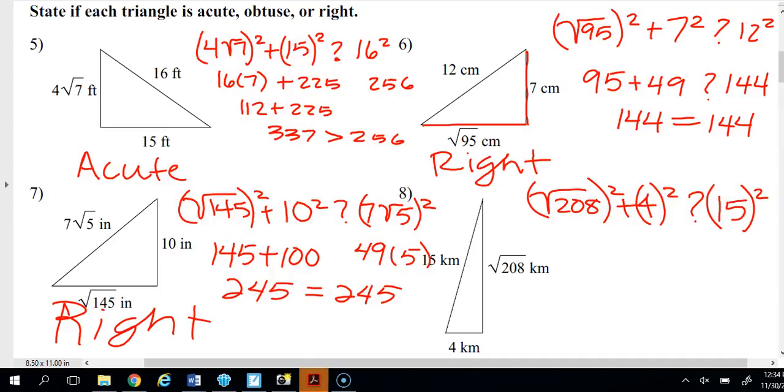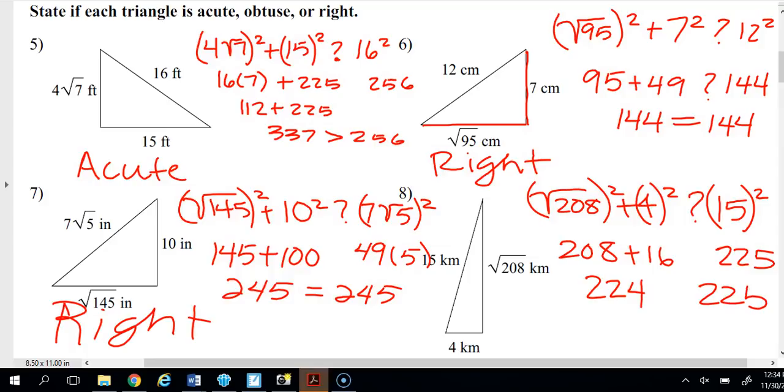So, square root again, we get the number underneath there. 4 squared is 16. 15 squared is 225. So when we add the 208 to the 16, we get 224. And we're comparing that to 225. This time we can see that c squared is bigger than a squared plus b squared. So this is an obtuse triangle.